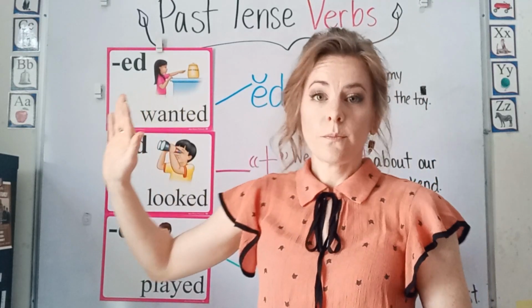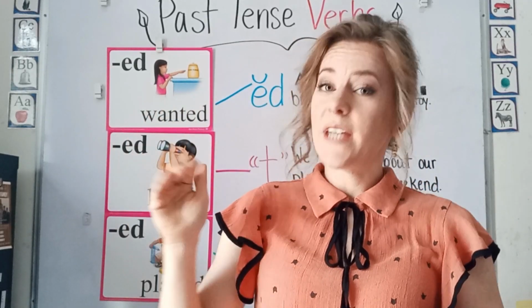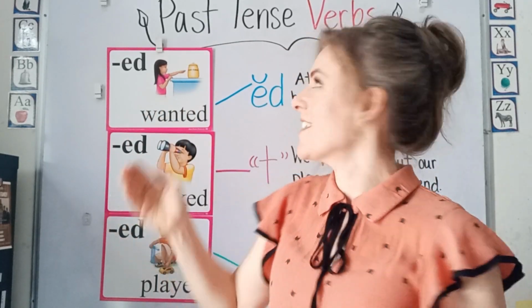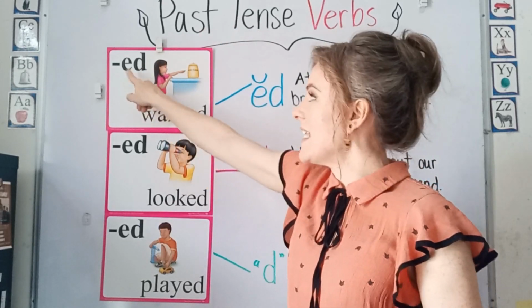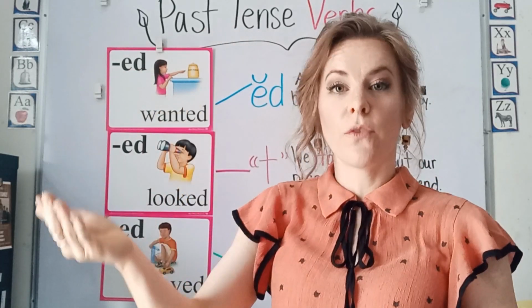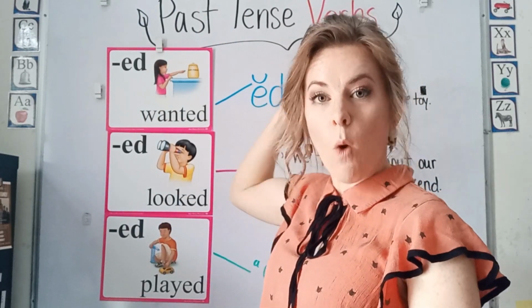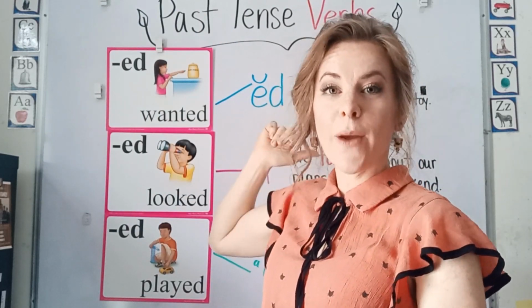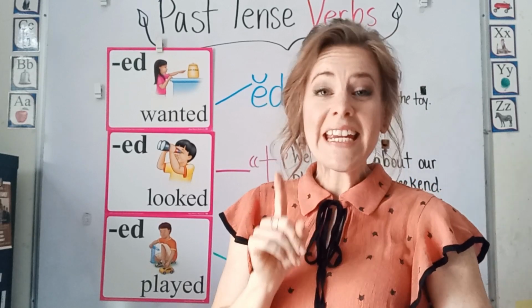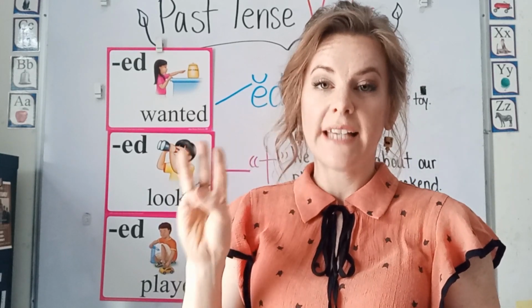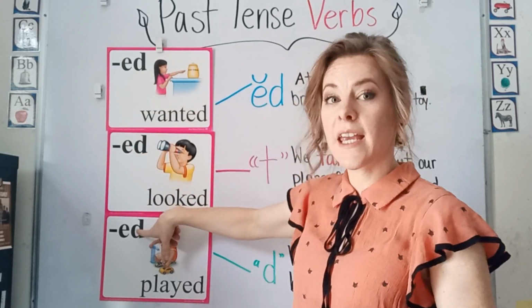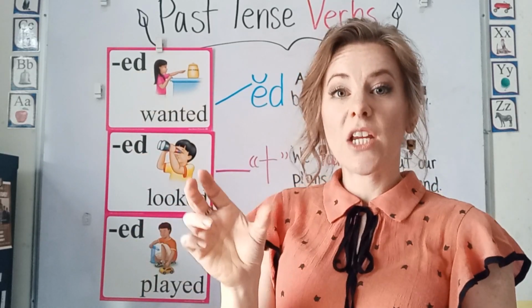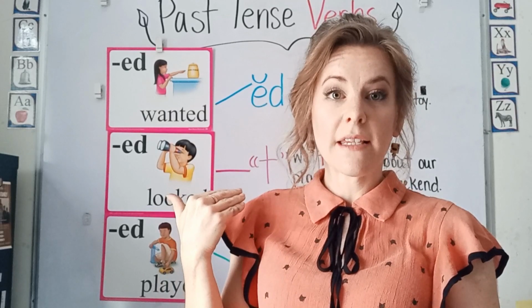Now, most of the time, when you take a verb and you change it to past tense, you typically add ed to the end of your verb to make it past tense. Walked, talked, laughed, jumped, okay? But ed makes three sounds. There are three sounds that this suffix can make when you are changing a verb to a past tense, okay?